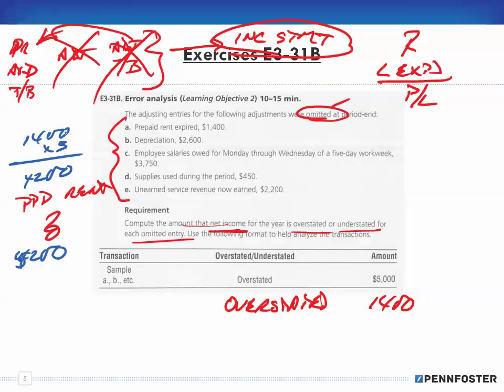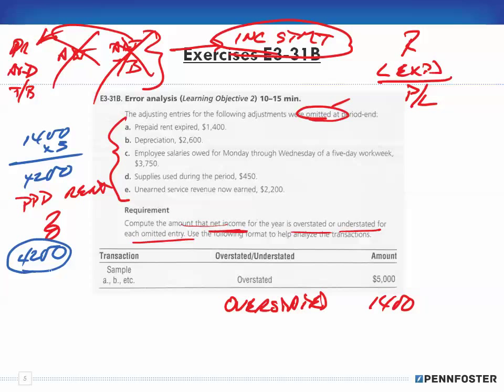I could have made that 6 months, I could have made it 7 months, it doesn't matter. What matters is that I have a prepaid rent amount of some figure, and in this case I'm calling it 4,200. Remember, I'm just sticking numbers in in order to understand what I'm doing here. The numbers you use don't matter. What matters is the relationship between the numbers.